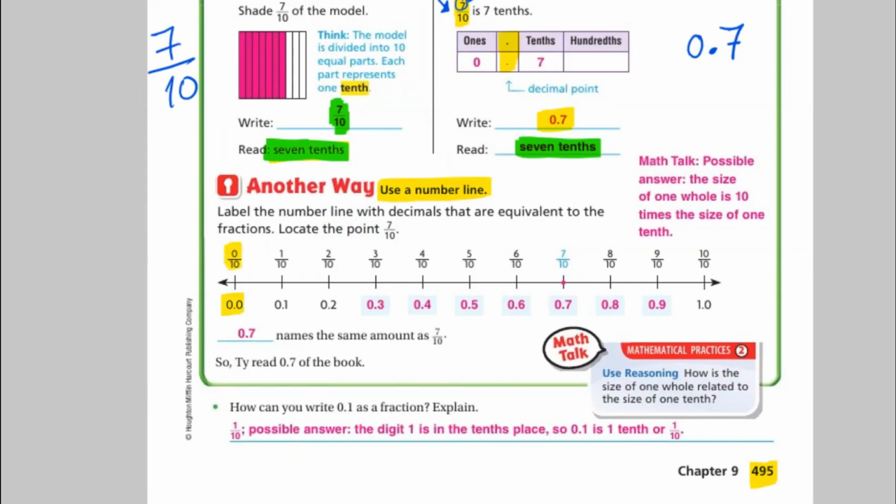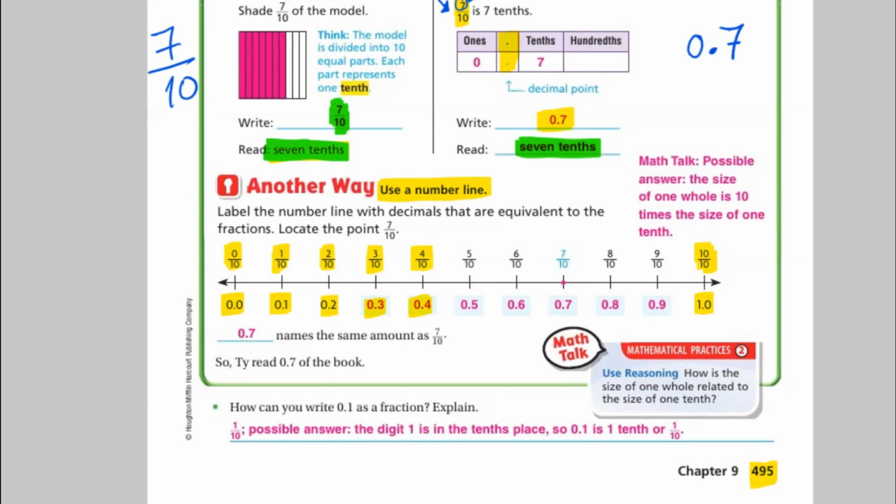And then we have 1 over 10, which is 0.1, and 2 over 10, 0.2, and so on to get 10 over 10. Any number over itself equals 1, right? And if you want to write 1 as a decimal number, we write 1 as a whole number, point 0. So 10 over 10 equals 1.